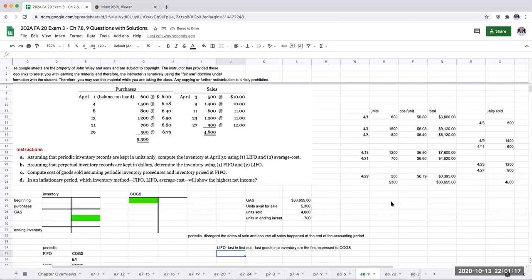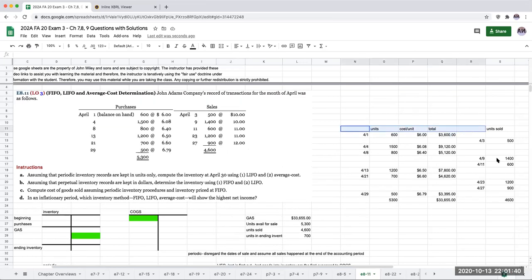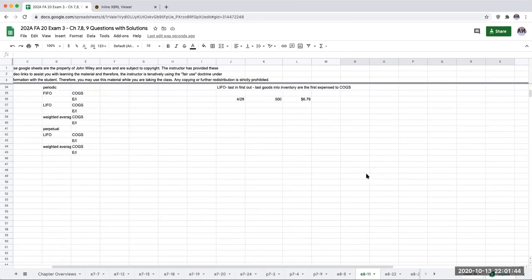So for LIFO periodic, I need to take 4,600 units to my cost of goods sold. I'm going to start at the end here. I'm going to have 500 at 6.79. Let's copy this.